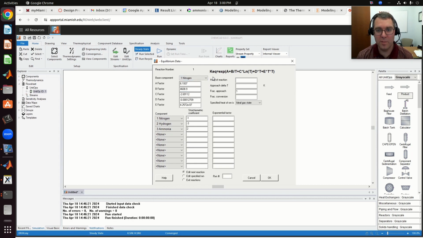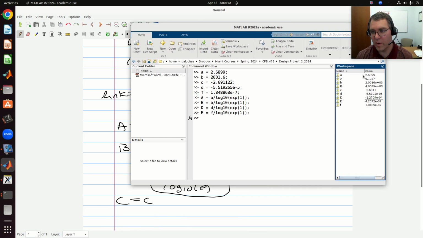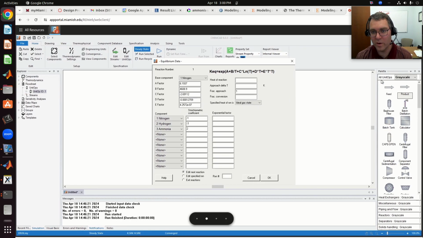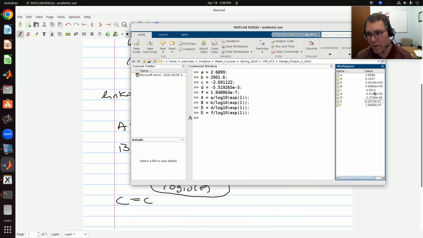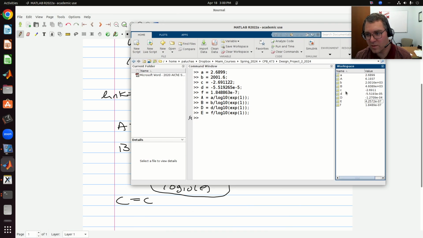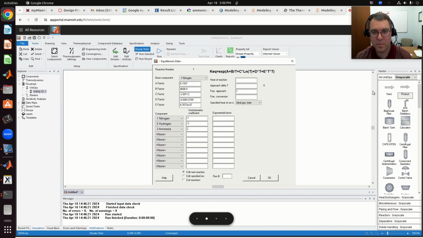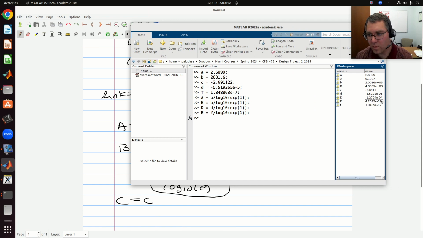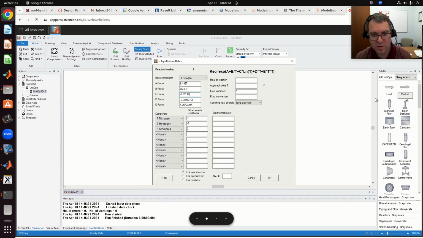And then I need to input my constants. So this is just what I have here. A is 6.1937, B is 4608.9, so 4.6089 times 10 to the 3. C is negative 2.6911. C's unchanged. D is negative 1.2709.